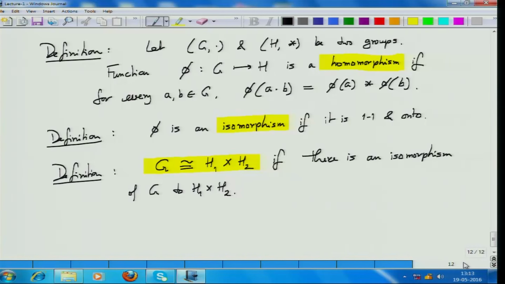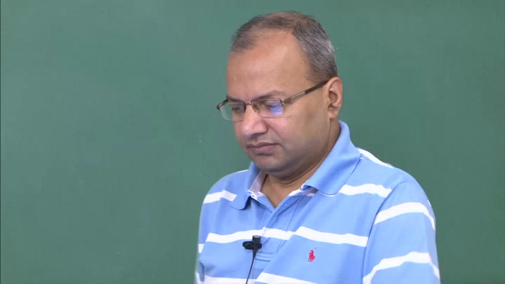If we can write G as isomorphic to H1 cross H2, then it tells us something very nice about the structure of G, that I can actually factor G as two subgroups. Okay, time to stop today, and then we will continue tomorrow.